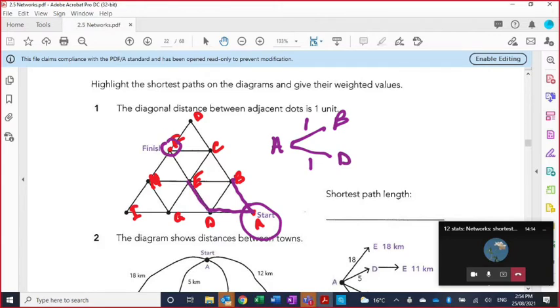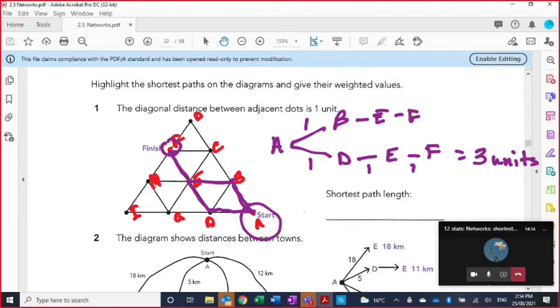So the most direct route would be to go from D to E, and then E to F. And that gives me 3 units. Or I go A, B, from B to E, and E to F, which also gives me a path of 3 units. Because these are uniform, we ended up with 2 that have the same shortest path length.